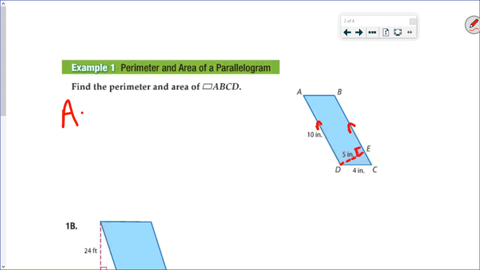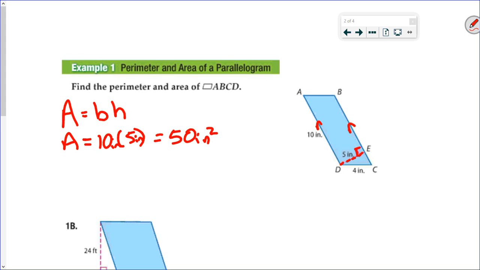So area equals base times height. We said we're going to use that 5-inch segment as our height, and of course the 10-inch segment is our base.